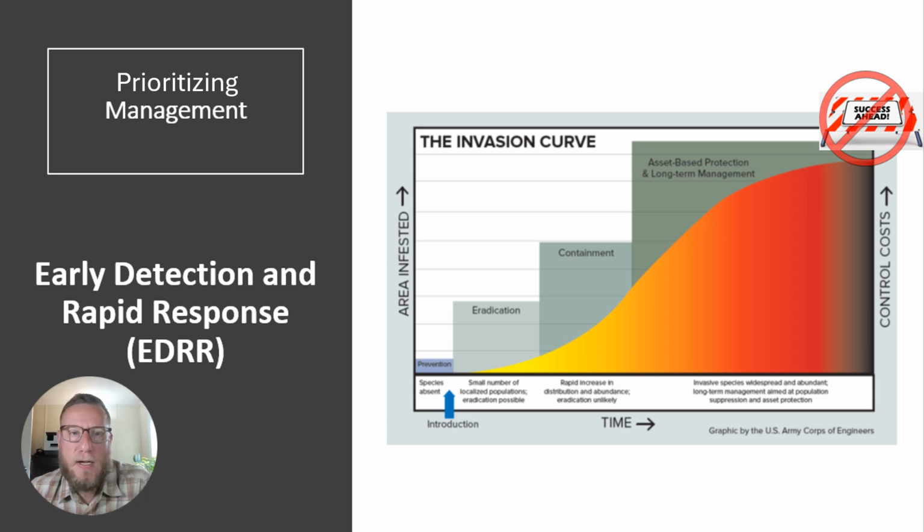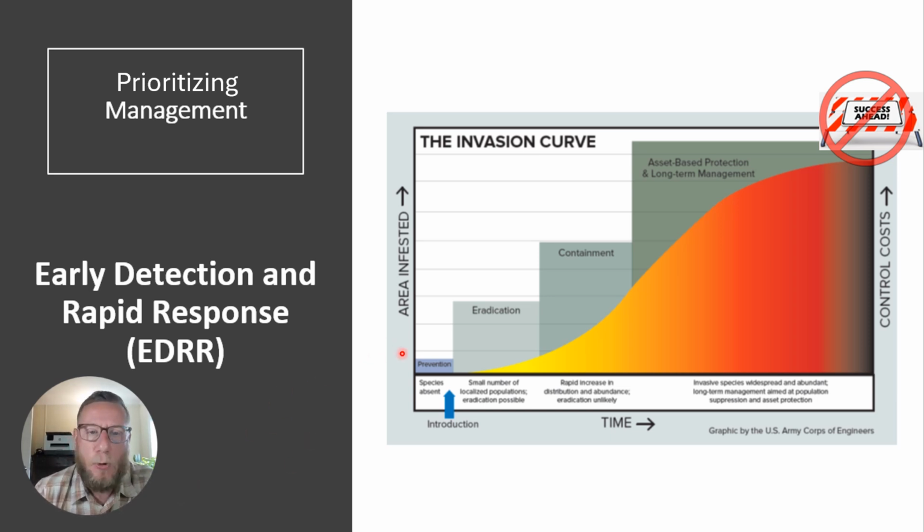This is another great image to think about prioritization and more of that early detection, rapid response, or thinking about if a species is more early detection, rapid response category or a localized category versus a widespread category. You can think about this on any scale, really, whether that's a given property or a town or a region or even a whole state.